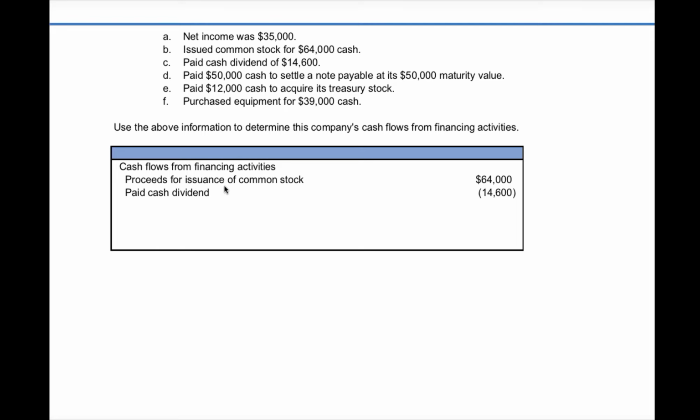Paid cash dividend, so the cash negative component of that right there. Paid $50,000 cash to settle note payable, so $50,000 cash is going to go right there. Paid $12,000 cash to acquire treasury stock, so treasury stock outflow $12,000 cash, and then purchased equipment, I'm sorry, that would not be considered a financing activity.